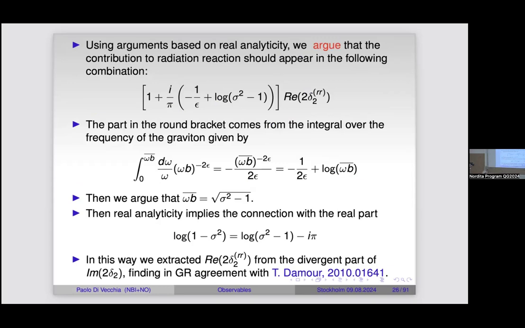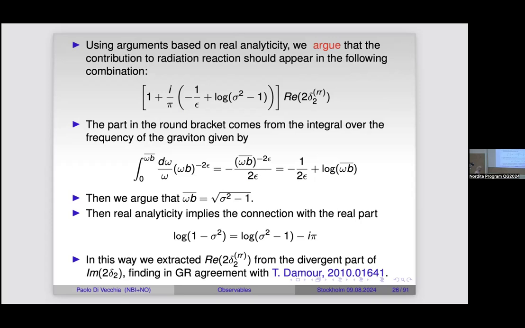Instead, we used an argument based on real analyticity, and we argued that the expression that one should get was this. This was obtained from the imaginary part. There is an i. So we knew this. And this is obtained by this integral that is divergent. But there is an upper limit here. And this limit gives this quantity here.